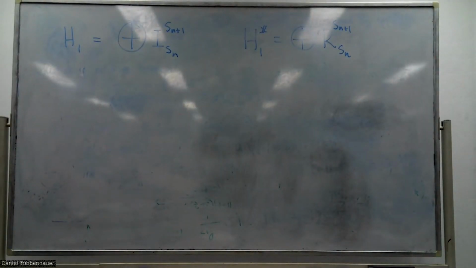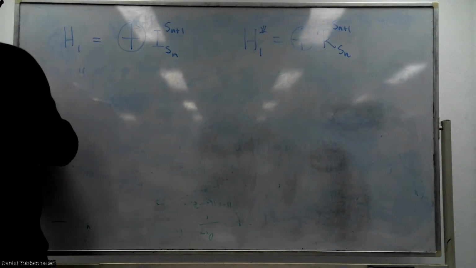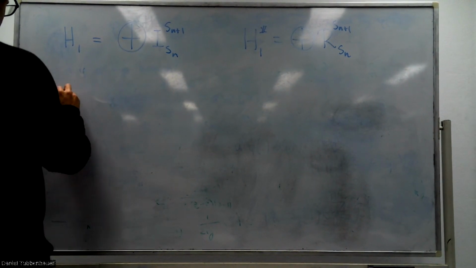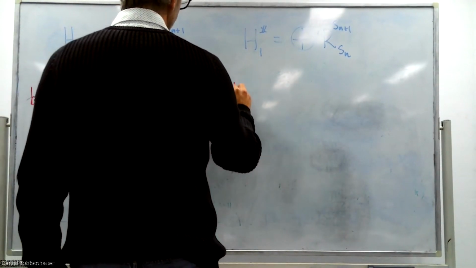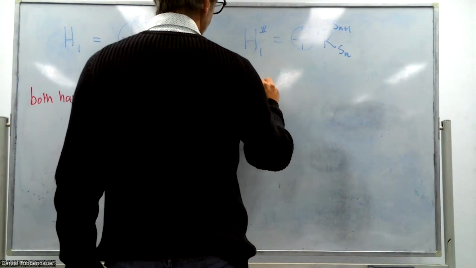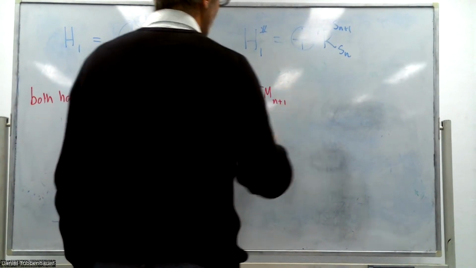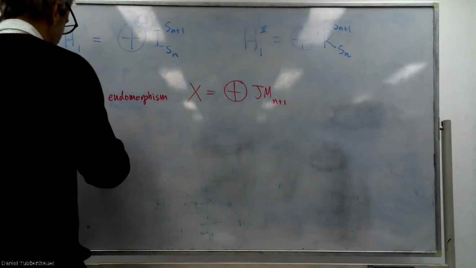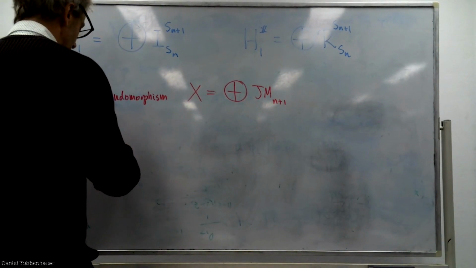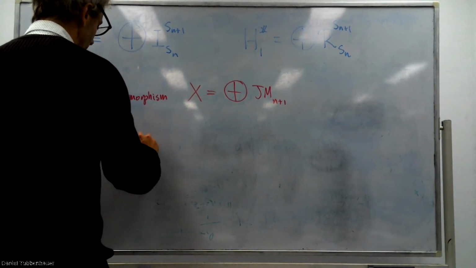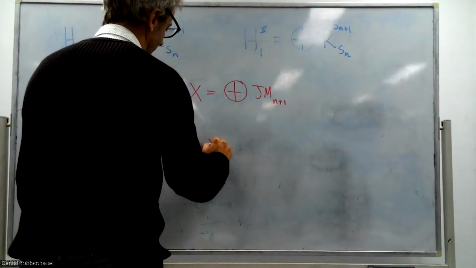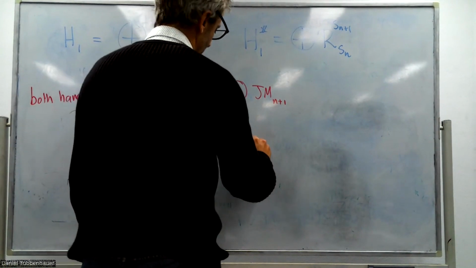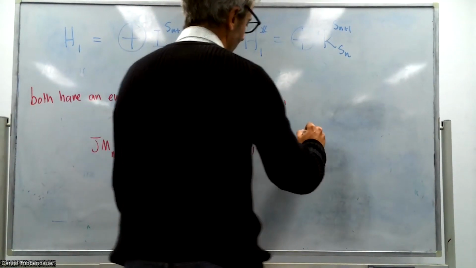And now this discussion tells us that these both have an endomorphism X, which is the direct sum of the Jucys-Murphy element JM_{n+1}, which is the sum of (i, n+1). We've been having a lot of fun with this element.